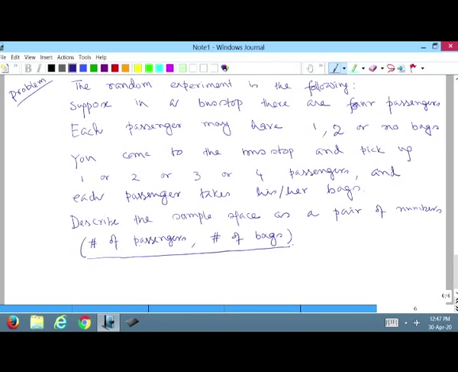There are two components, one is the number of passengers you picked and the number of bags you picked. So, question is, describe the sample space. How to proceed?